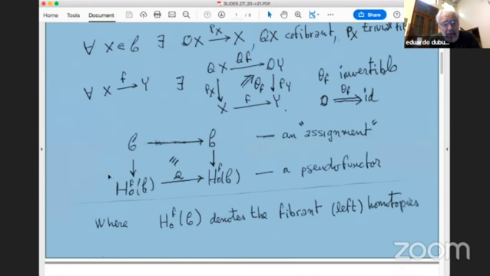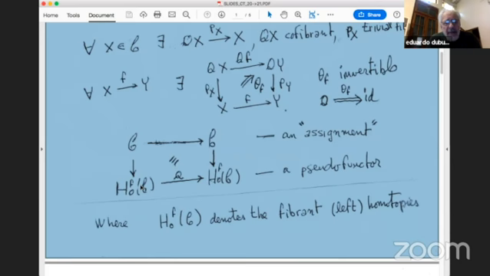So in this bicategory, the two cells are the homotopies. And we have to put an equivalence relation between homotopies, if not, the things don't work. There are many reasons for this homotopy between homotopies, but it's not the subject of this talk.